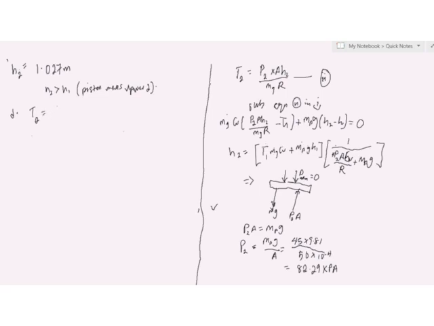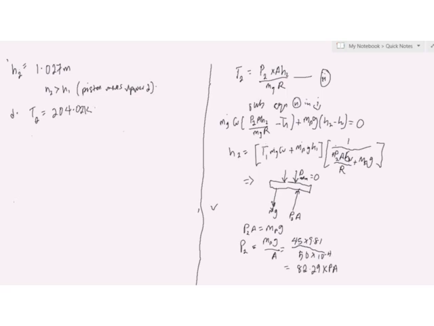Now the D part of the question is we should calculate our T2. Since we obtained our H2, we can just substitute it in equation 2 by putting in our pressure, and if we do that, we are going to arrive at 204.02 Kelvin.